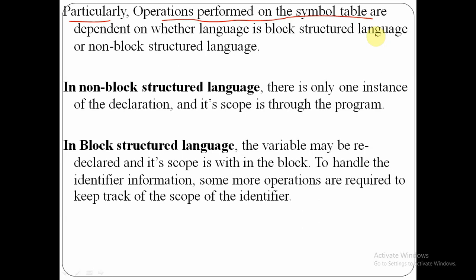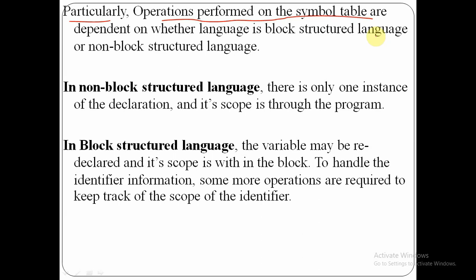That means in non-block structured languages, there is no concept of local variables, block creation, functions, etc. So in that case, there is no block, no local variable, no function, etc. All the statements are written in a sequential manner. So in that case, only simple operations need to be performed on the symbol table.